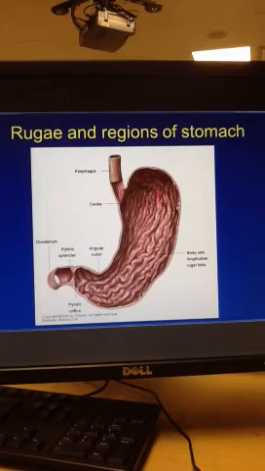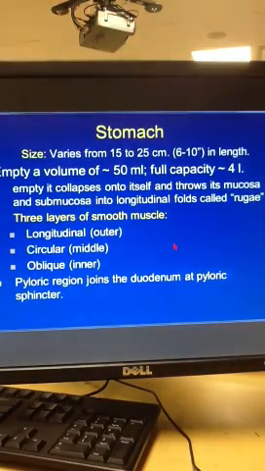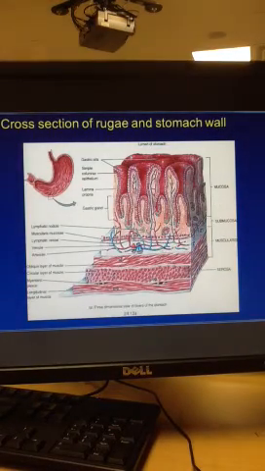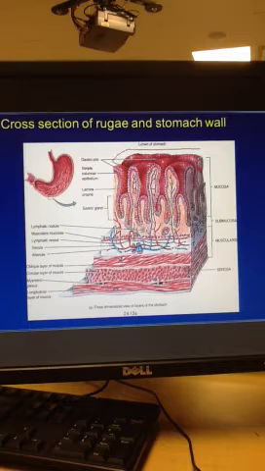Here you can see the rugae right here. But the mucus cells produce a nice thick layer of mucin. The stomach's lined with simple columnar epithelium, but on the surface here is a nice thick layer of mucus. And that's what keeps the hydrochloric acid from eating through into the stomach wall.